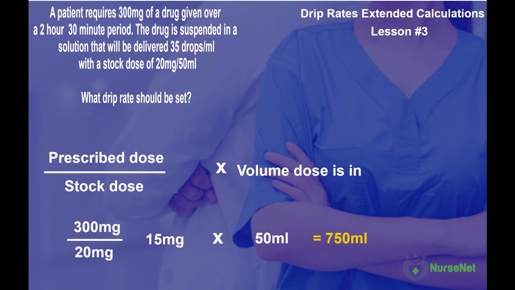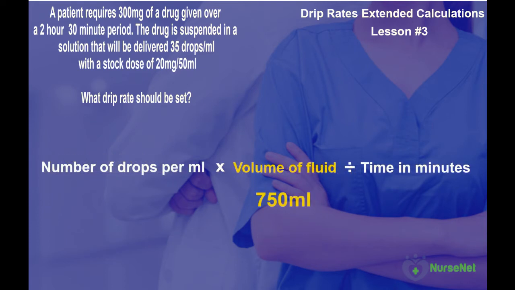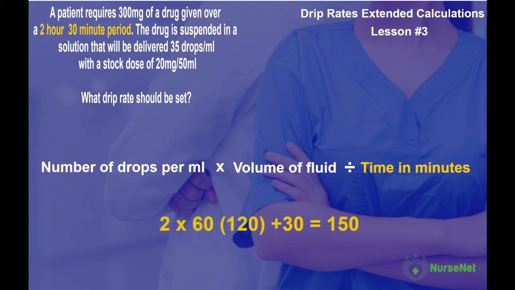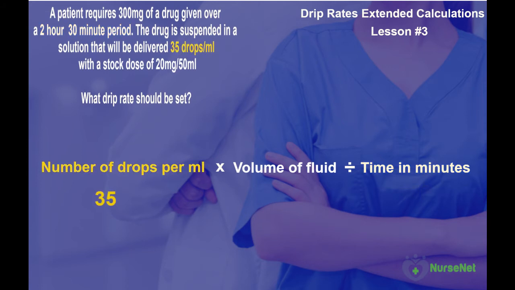Now we have the volume of the fluid element to our drip rate calculation. We also need to convert our time into minutes. So 2 hours and 30 minutes is equal to 2 multiplied by 60 plus 30, which gives us 150 minutes. Now we can input the figures into our drip rate formula.